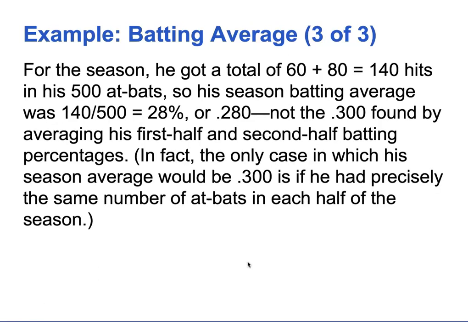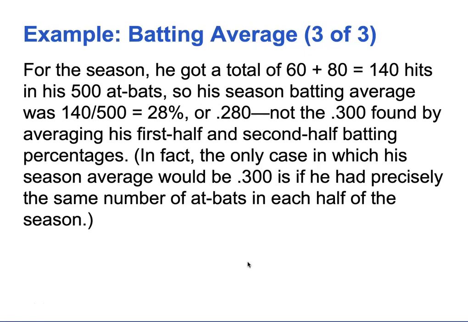For the season, that means he got the 60 plus the 80, which is 140, out of his total 500. So his season average is 140 out of the 500, which is 28%, or 0.28, not 0.30, found by averaging his first and second half together.